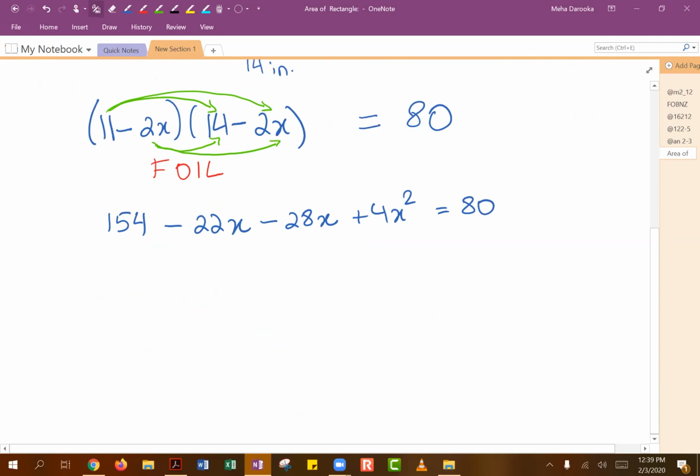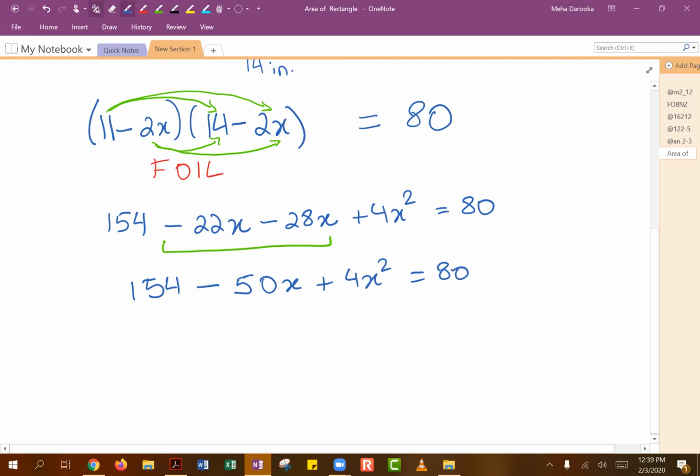Combine your two middle terms, so what's negative 22x and negative 28x? So we've got 154 minus 50x plus 4x squared. And you subtract the 80.